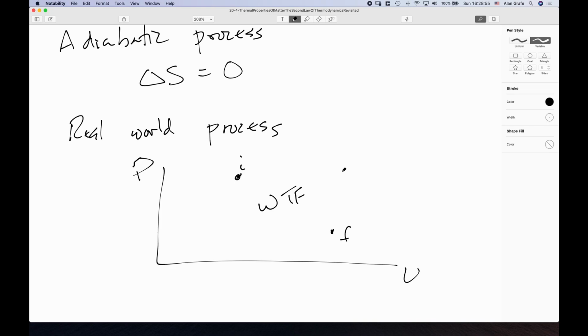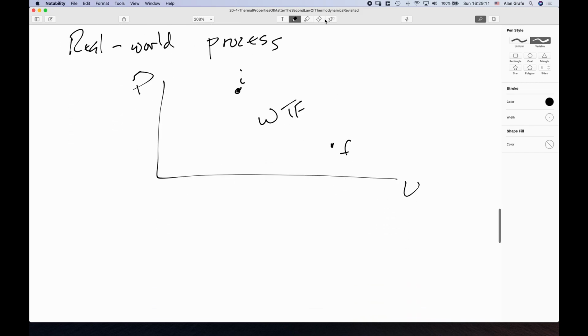You can't even draw a line. To be able to draw a line would mean that a reversible process was happening, but in real world processes, they're not reversible. So all you can do is draw the dot at the beginning and at the end.